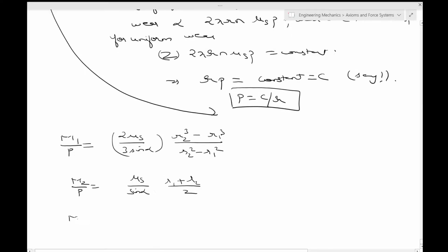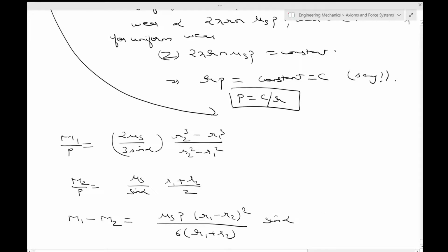So M1 minus M2 will be mu s P by 6 sine alpha, into r1 minus r2 whole square times r1 plus r2.